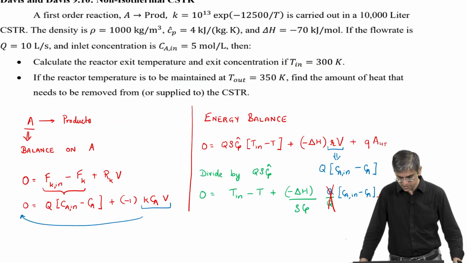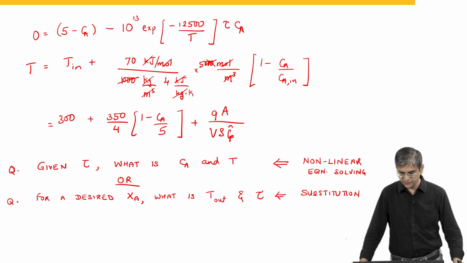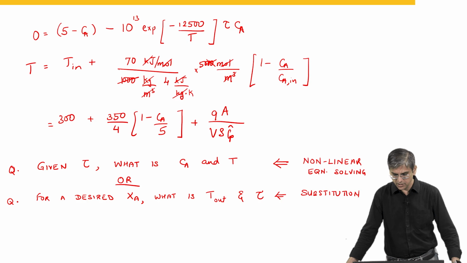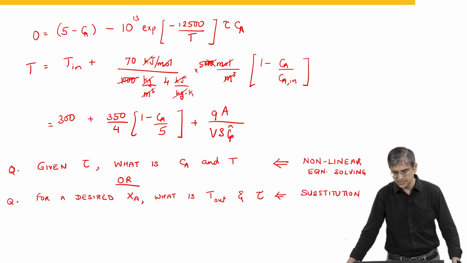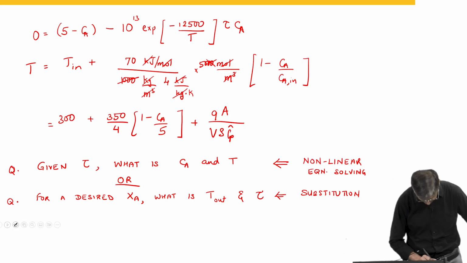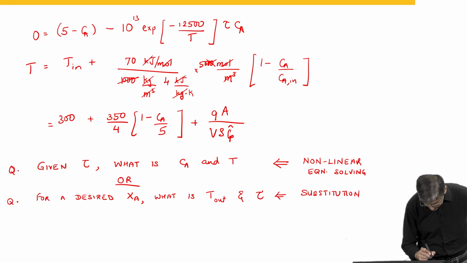The other question is that given T out equal to 350, so we can substitute T out over here to be 350. Okay, we have our tau, and from there we can easily calculate our Ca. Okay, so this is the first question. Let me write.